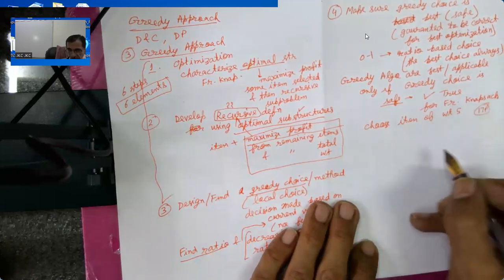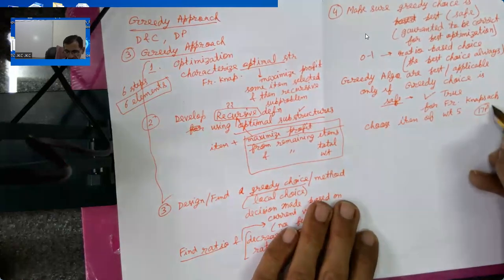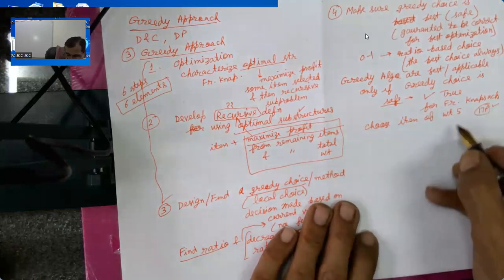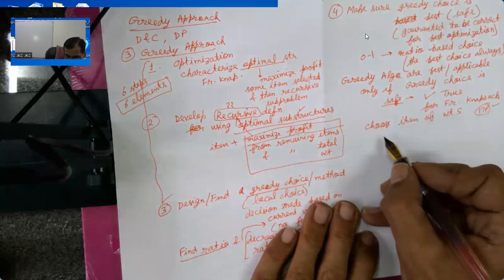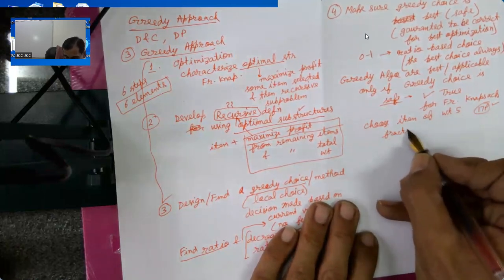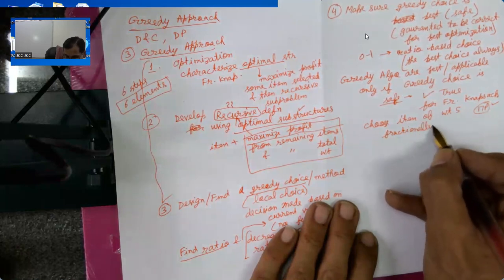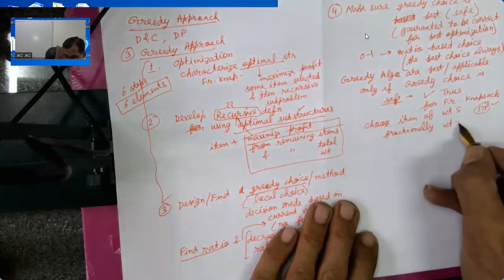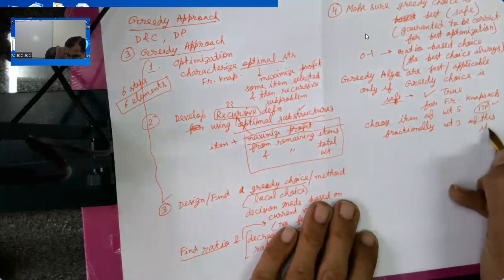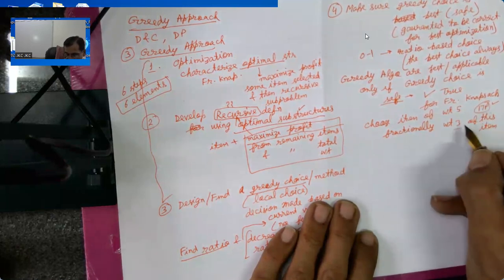My ratio was 3 point something and I chose this. Why is this guaranteed to be best? Let's say instead of weight 5, had I taken it fractionally, say you chose only 3 kg of this item. If you said, no, I will not take it fully and leave 2 kg out of this.